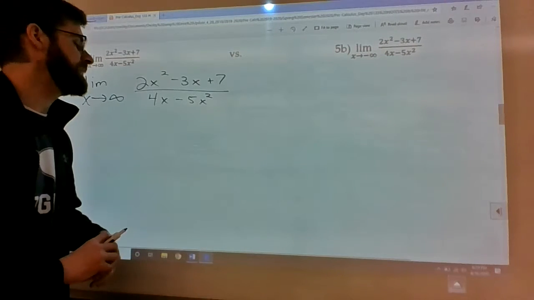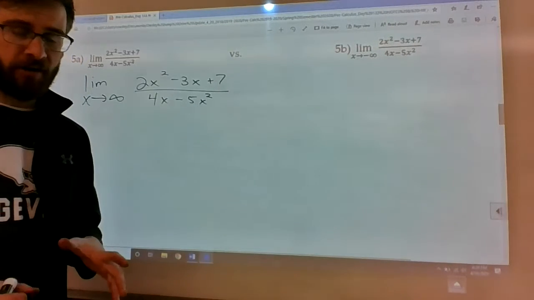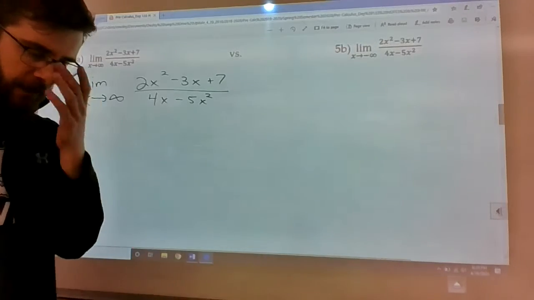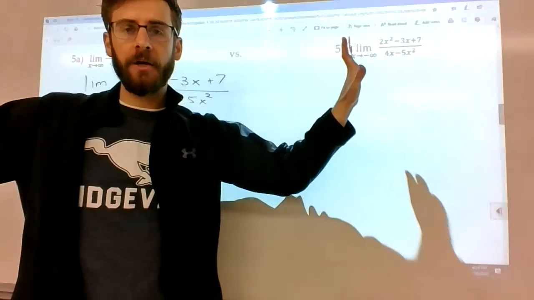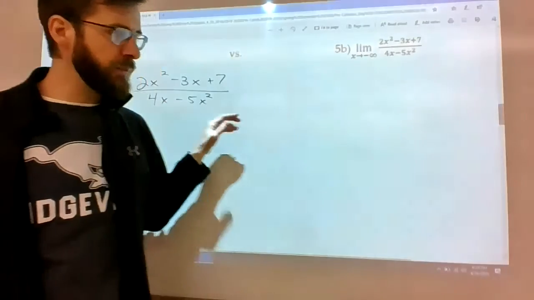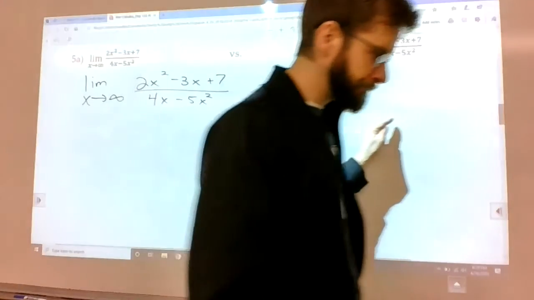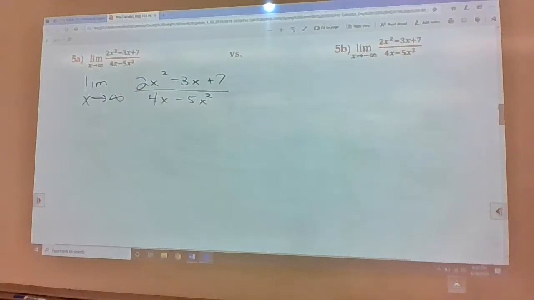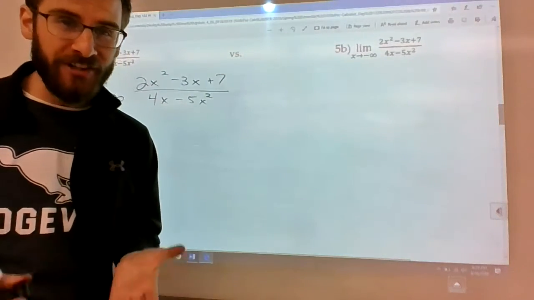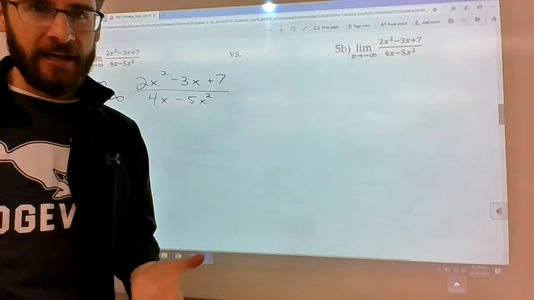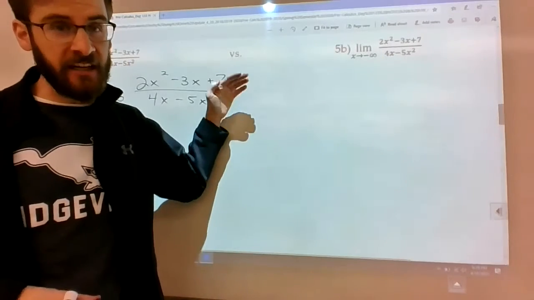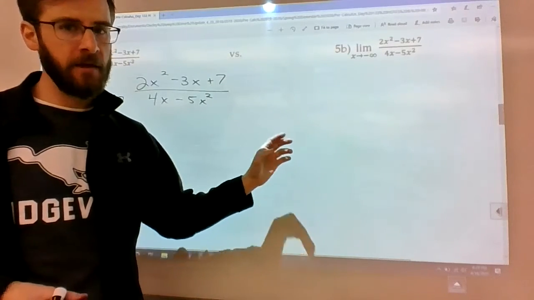Okay. Now, here's the part that we have to think graphically about. So think about this as a graph. When we go to infinity, usually we think of horizontal asymptotes as infinite behavior. It's going to level off somewhere.